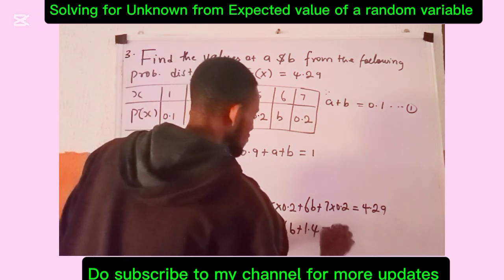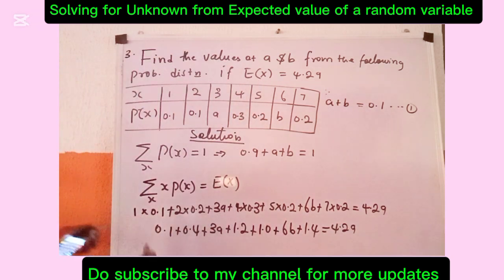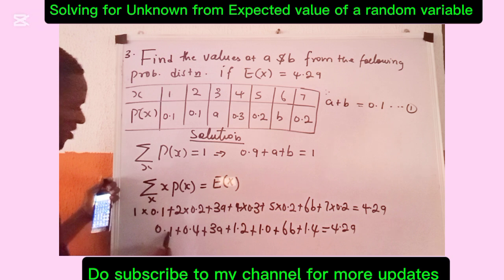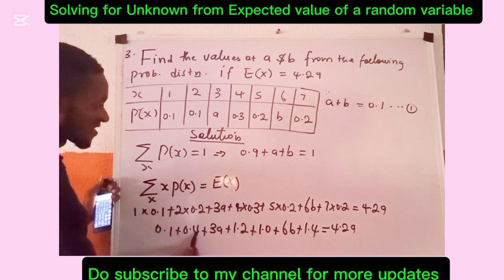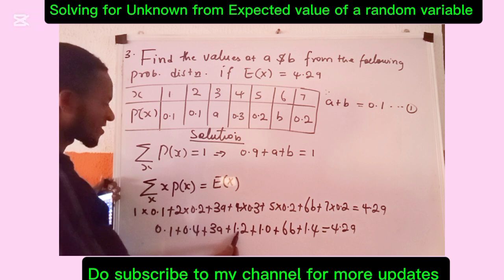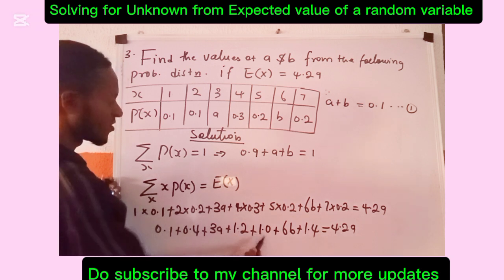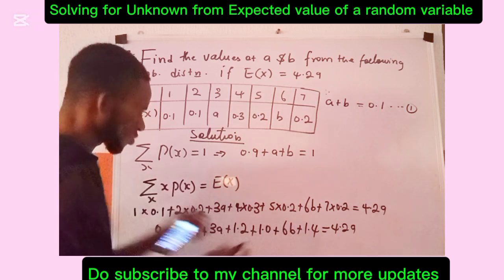This equals 4.29. So at this point, I will sum all of these. 0.1 plus 0.4 is 0.5, plus 1.2 is 1.7, plus 1 is 2.7. So I now have 2.7 plus 1.4.